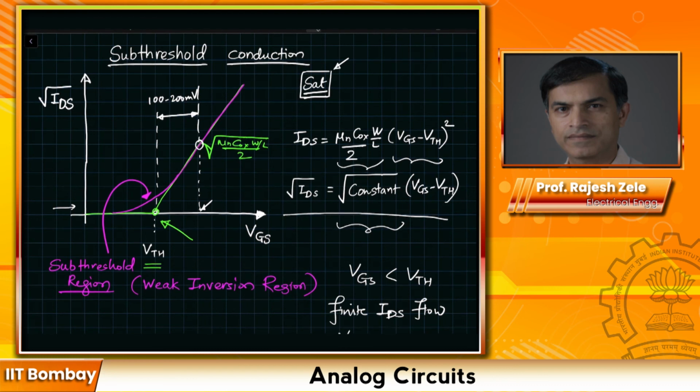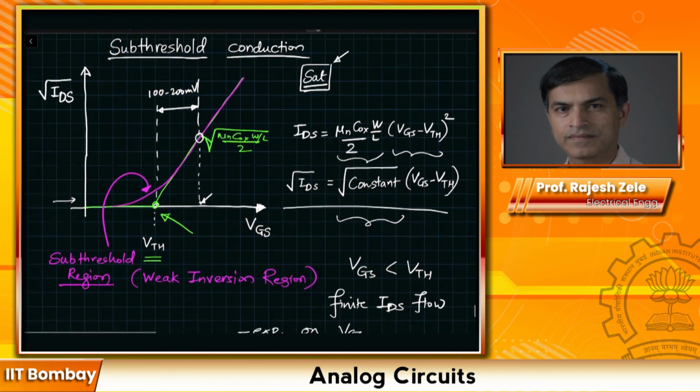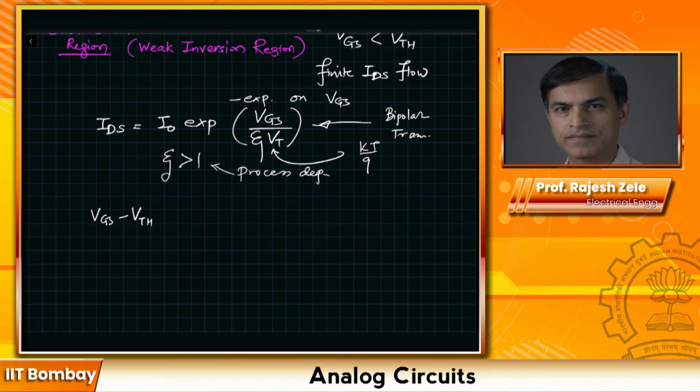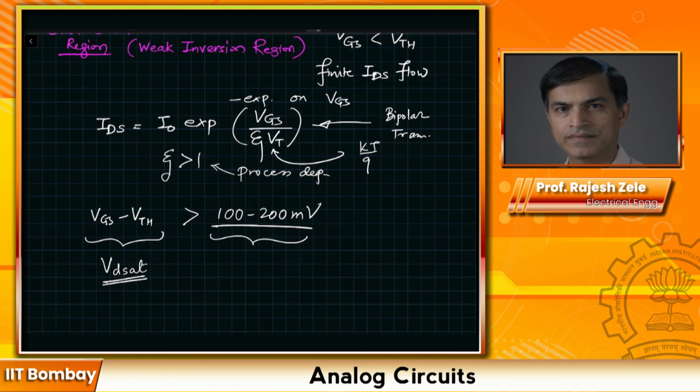What does that mean for a saturated transistor? It is telling you that VGS minus VTH we would like to be greater than, let's say, 100 to 200 millivolts. This is like a margin that we would like to keep. And we already know what VGS minus VTH is for a device. It's called VDSAT. So we would design the transistor with VDSAT values greater than this value.